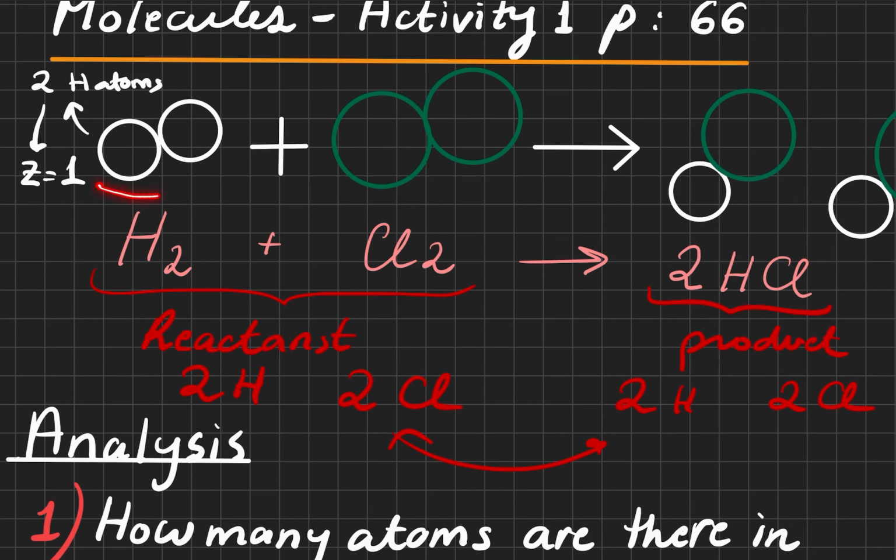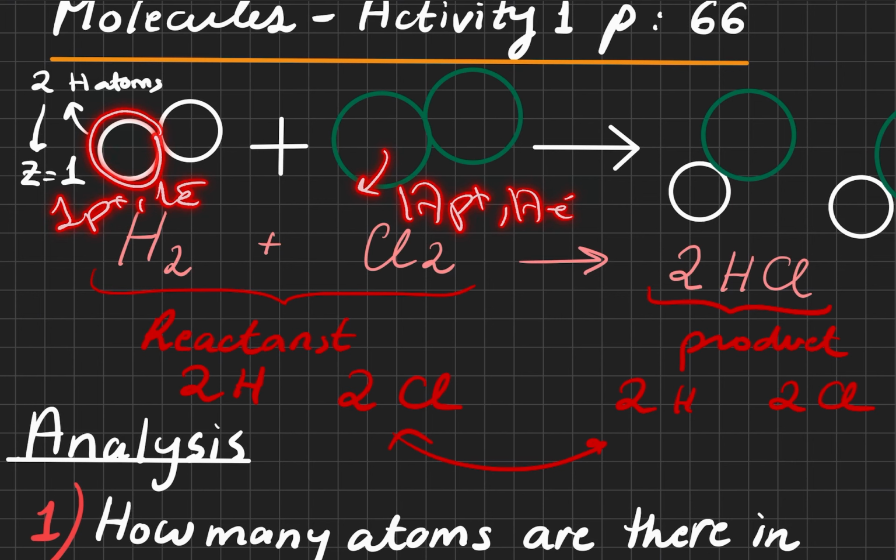So what you're going to say is that the hydrogen molecule and the chlorine molecule are different in their composition, as in the type of atom they are made up from, and actually in the size, because this hydrogen atom here contains only one proton and one electron, whereas this one contains 17 protons and 17 electrons.